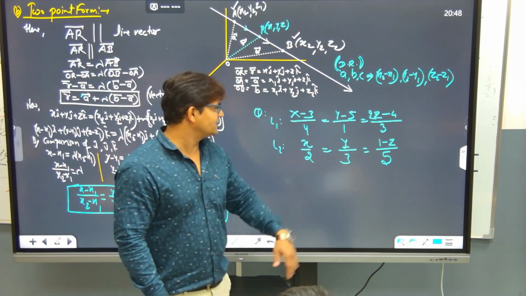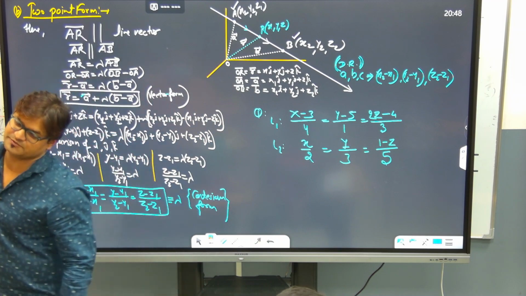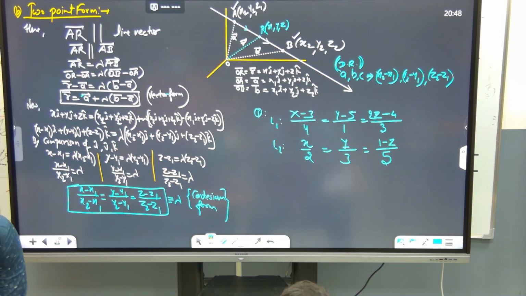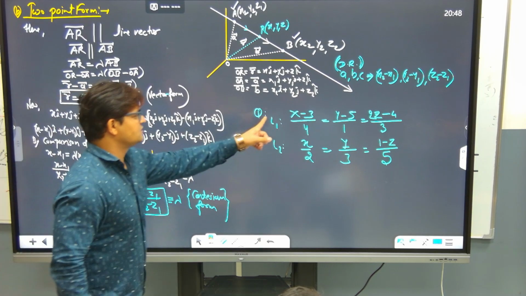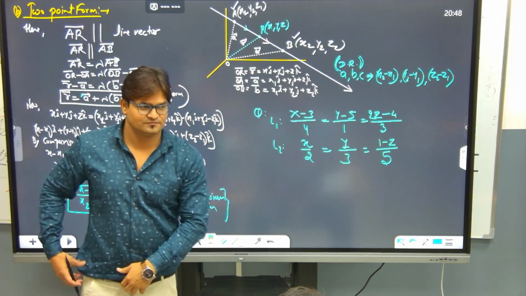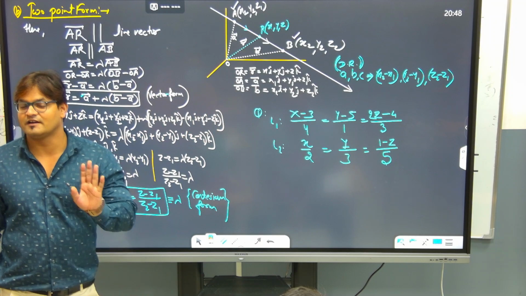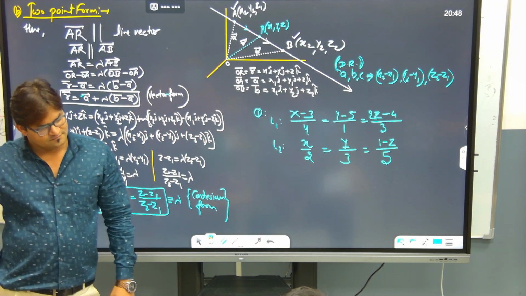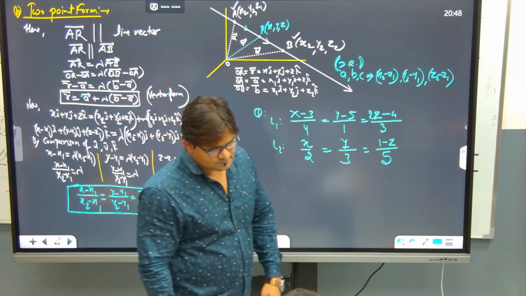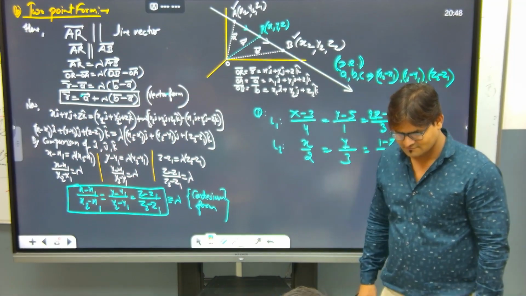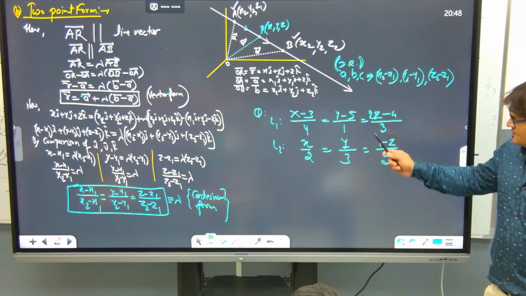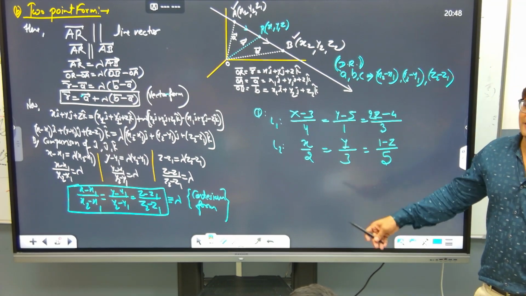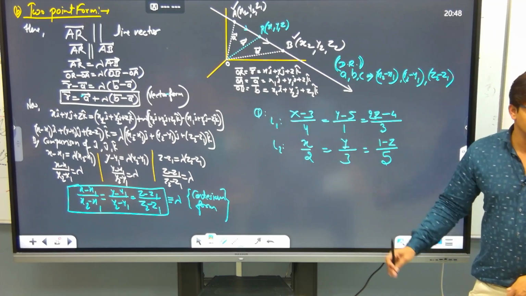For example, these two lines are given. First line passes through which point? What is the fixed point in this definition? The second line also passes through one fixed point. Which fixed point is there?